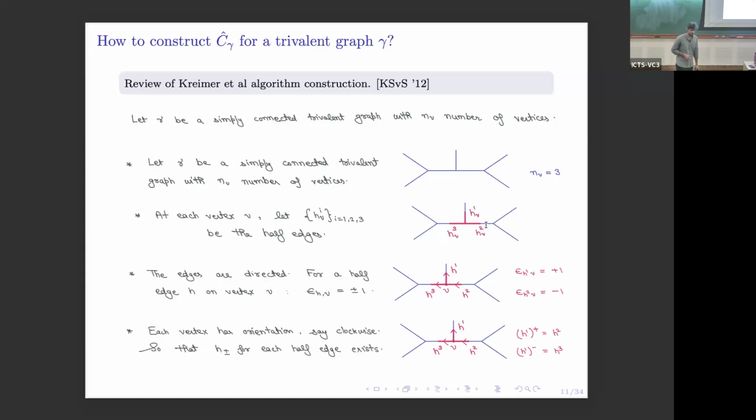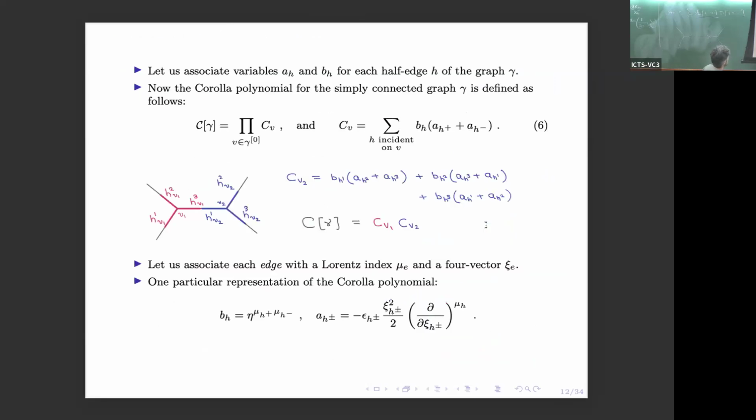We can do that for one vertex, but you cannot change the orientation in the middle. I'm just saying that for an edge, you wouldn't want this; it should be this. That's all.